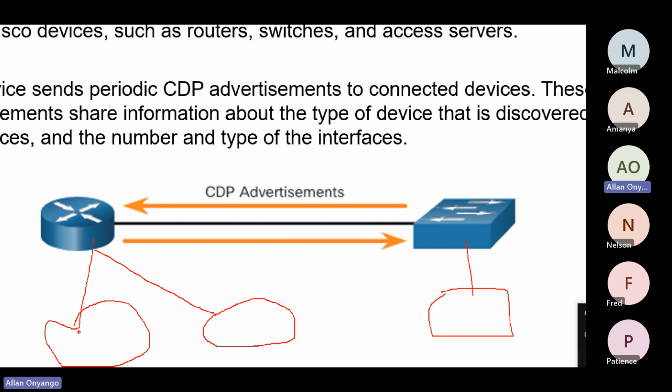So what Cisco Discovery Protocol does is that when you enable it on all these devices here, it basically discovers so much information about these devices.